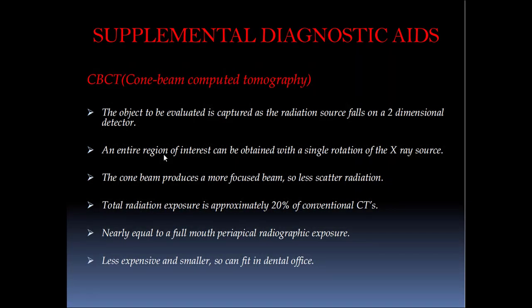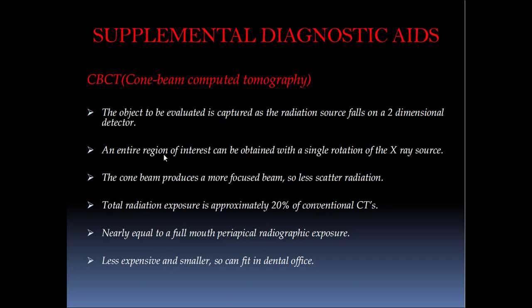Coming to CBCT, that is cone beam computed tomography, is the recent advancement, and it is specially designed for the dentofacial region. The object to be evaluated is captured as the radiation source falls on a two-dimensional detector. An entire region of interest can be obtained with the single rotation of the X-ray source.